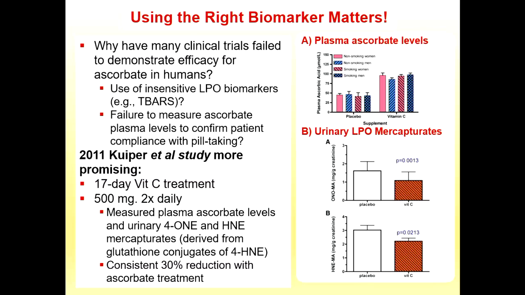And if you measure those in urine, then you do see this vitamin C related suppression of lipid peroxidation with this clinically relevant dosing of 500 milligrams twice daily. So if you measure the right endpoints, maybe you can see antioxidant outcomes with vitamin C. And so measuring these sorts of metabolites in urine might be a way of confirming that patients in a clinical trial really are taking the recommended doses of the vitamin C.